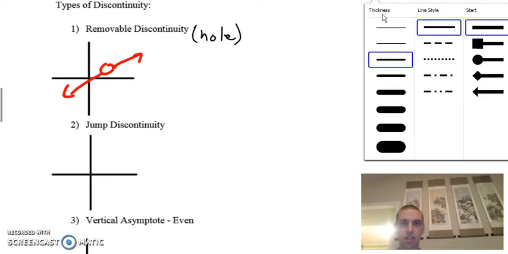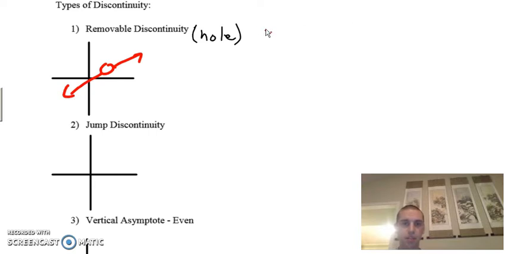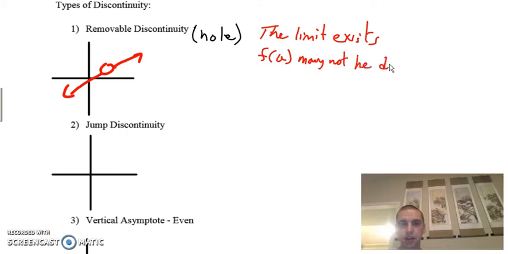Well, the limit exists, but f of a may not be defined. And if we're worrying about that, that's a right there.